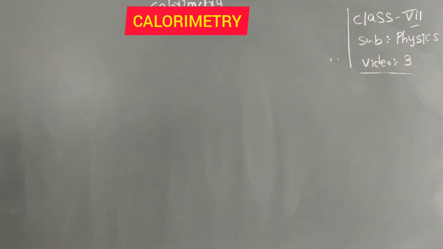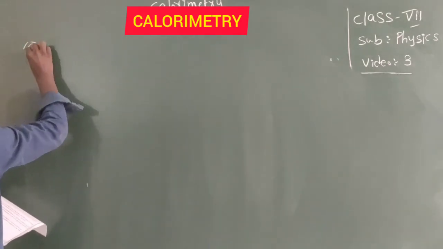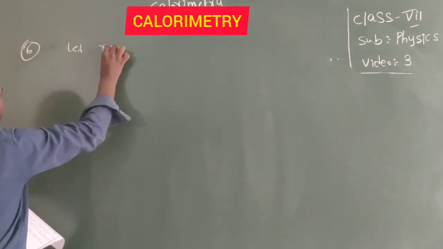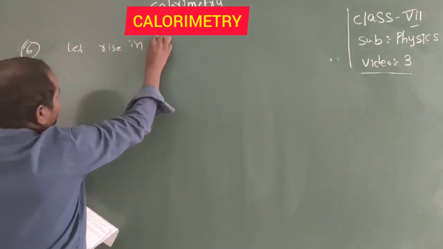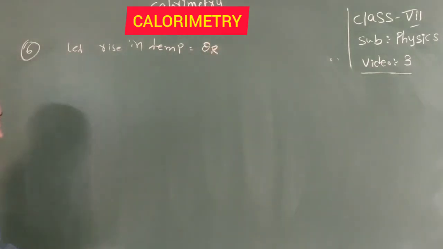Next, specific heat capacity is given, 100 calories per kg degree Celsius, and the temperature is 20 degrees Celsius, heated by burning for 2 minutes. Let the rise in temperature equal theta R.